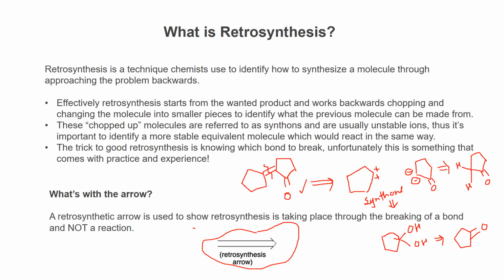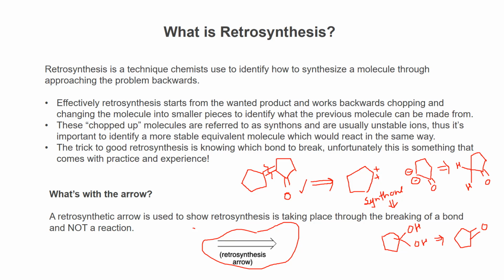Because how can we determine, in an unknown compound, which bond should be broken first? For that you need to know about some previous questions. Based on those previous ideas, you can take a call that okay, this bond can be broken first.